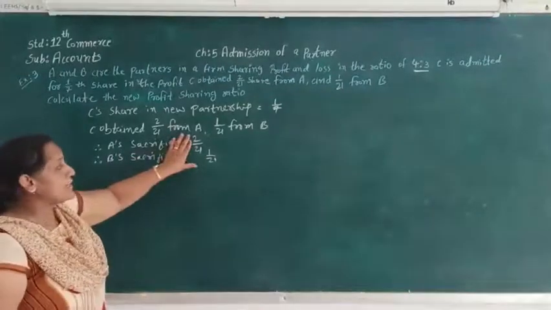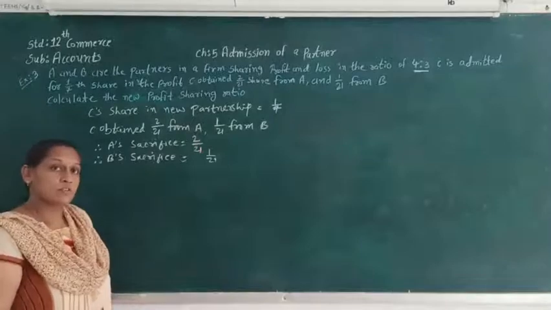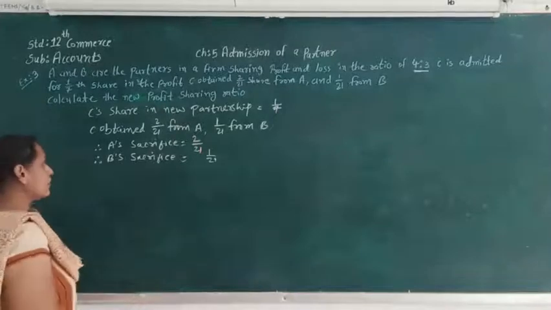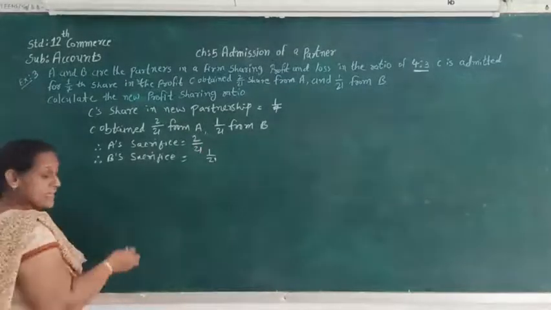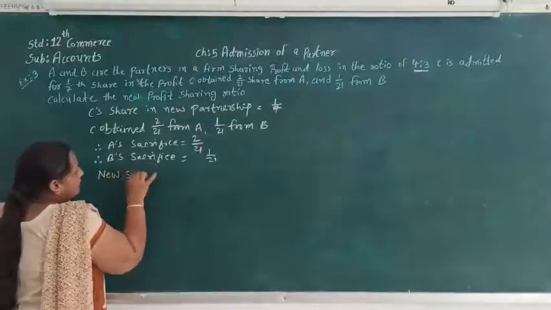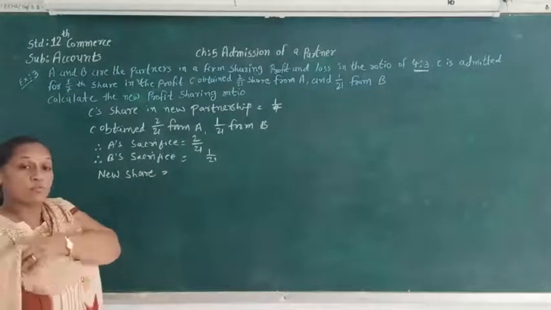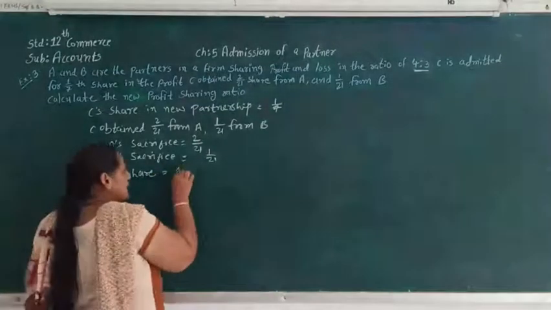So this sacrifice we are going to deduct from the old share, and we are going to get the new share. So the formula to find the new share: new share of old partner is equal to old share minus sacrifice.